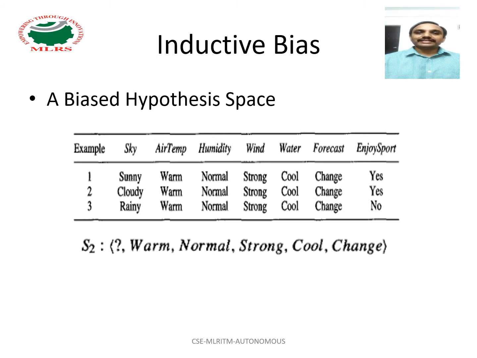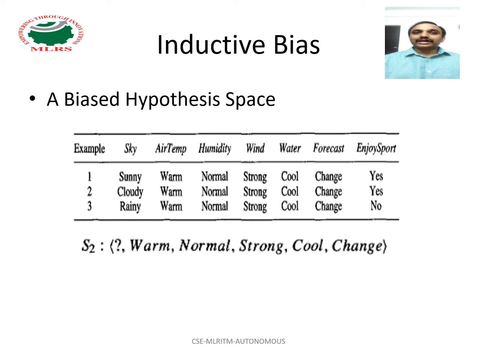So we get as a hypothesis: the sky attribute value generalized, a question mark, and the remaining attribute values unchanged: warm, normal, strong, cool, change.